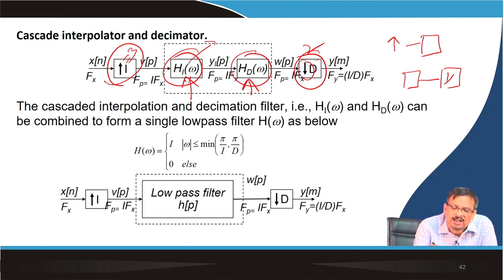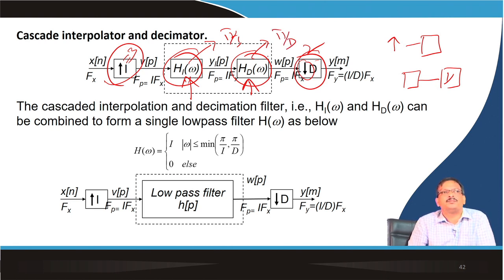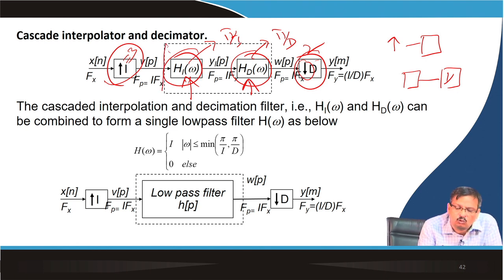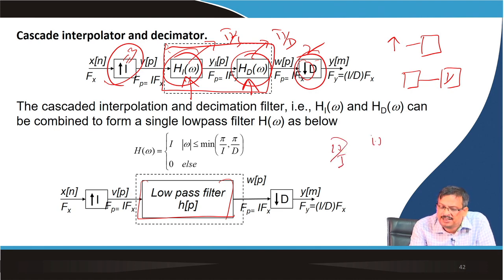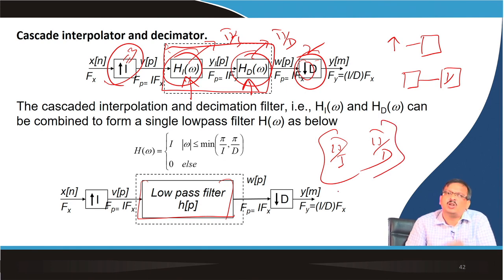This low pass filter cutoff frequency is pi by I, and this low pass filter cutoff frequency is pi by D. So, can I combine these two low pass filters? Yes, I can combine these two low pass filters. Let us say I combine them, then what should be the cutoff frequency? So, pi by I and pi by D. Whichever will be the minima.